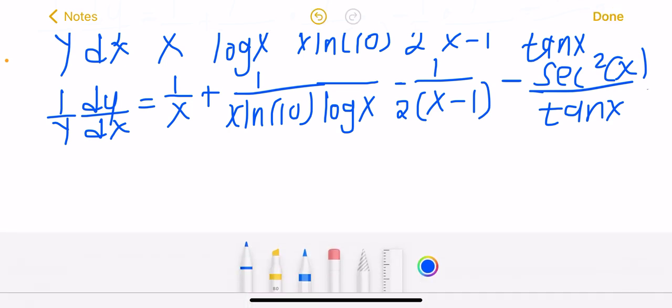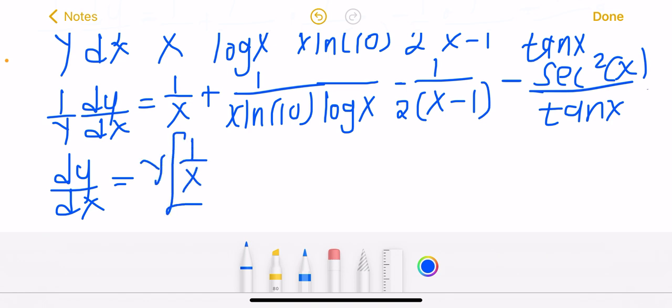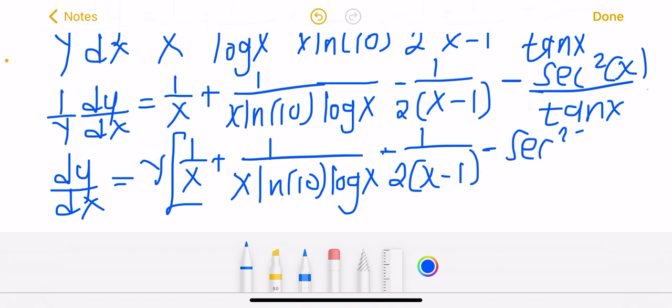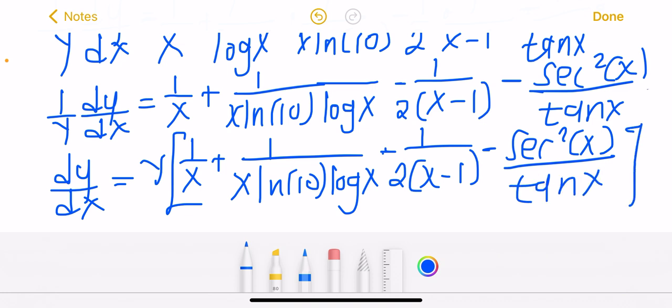This means we will have dy over dx equal to y multiplied by everything: 1 over x plus 1 over x ln of 10 log of x minus 1 over 2 into x minus 1 minus secant squared x over tan x. Okay, so this can be your final answer.